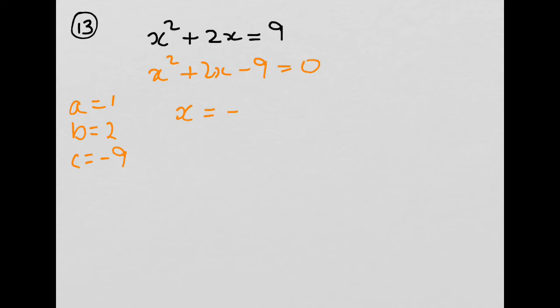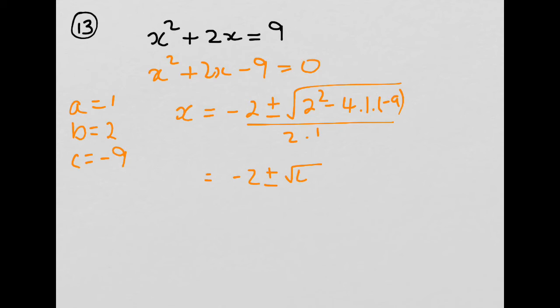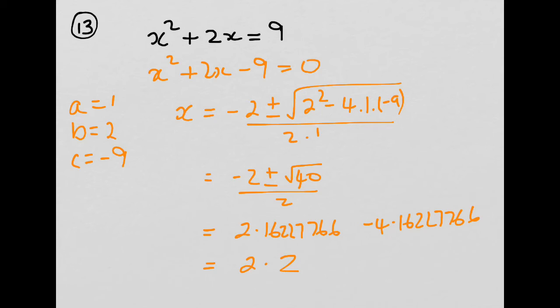Put them in your formula: negative 2 plus or minus the square root of 2 squared, take away 4 times 1 times negative 9, over 2 times 1, which is negative 2 plus or minus the square root of 40 over 2, which gives us 2.16227766 and negative 4.16227766. So to the degree of accuracy that the question asks, 2.2 and negative 4.2.